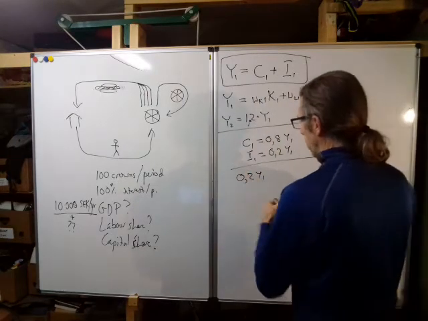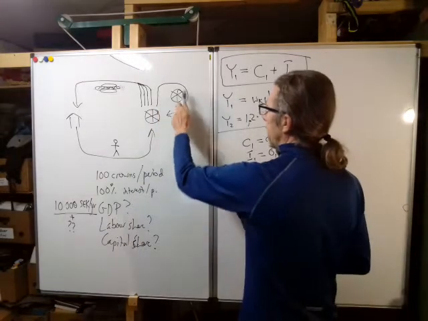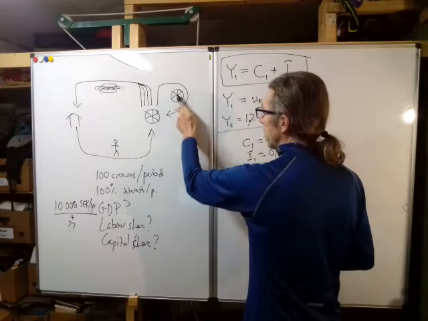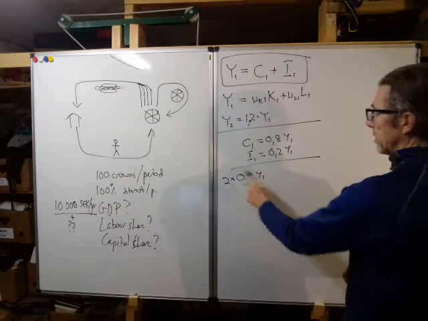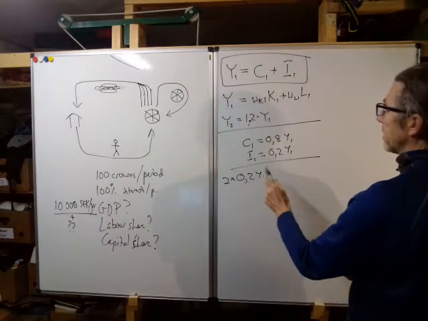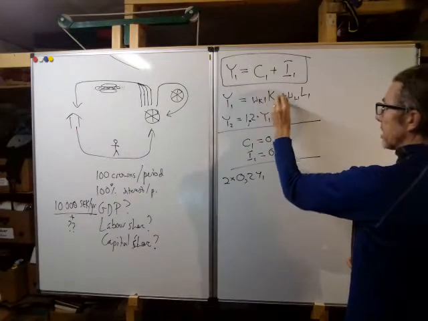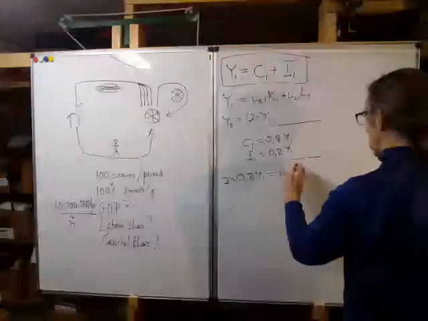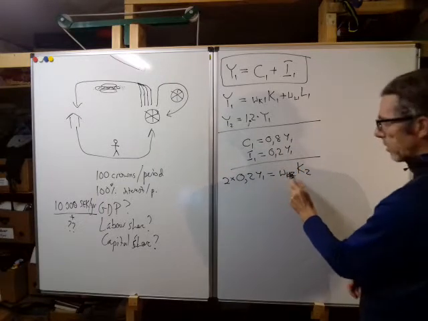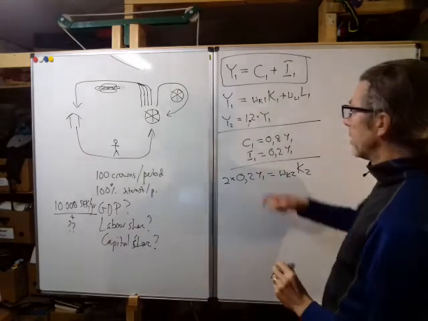So the total cost of hiring these new machines in the next period must be this. And what's that? That is WK2 K2. So WK2 K2 is 0.4 Y1.